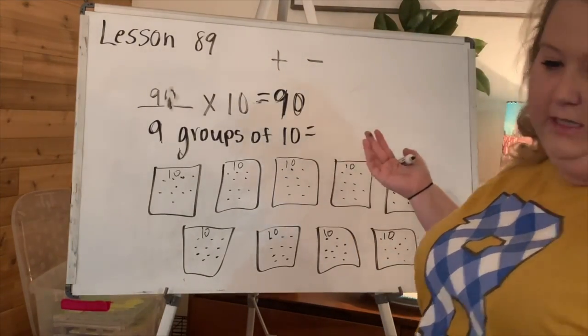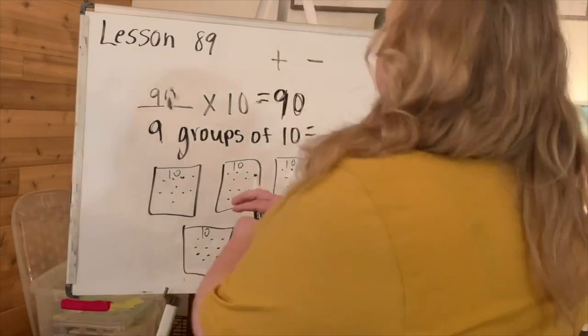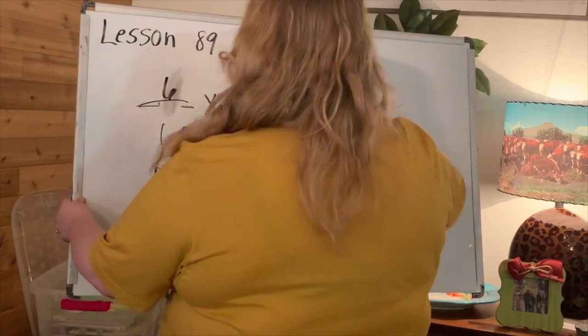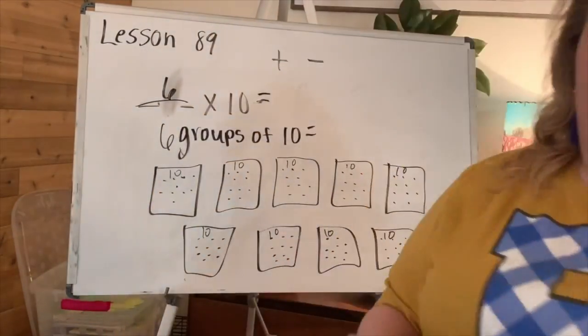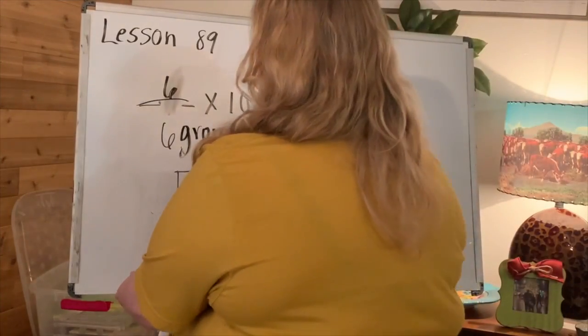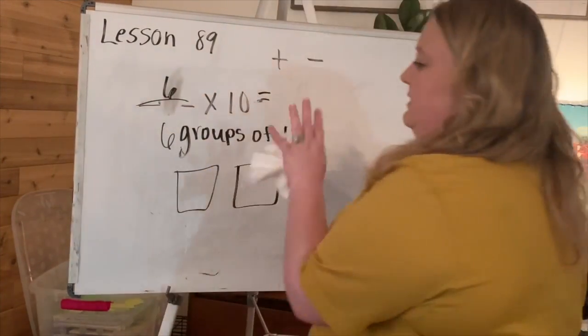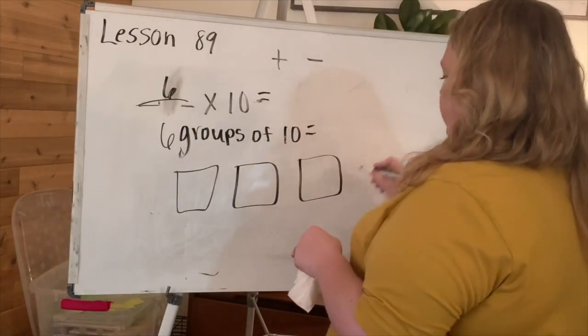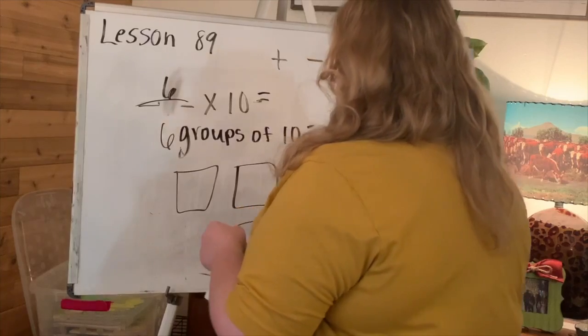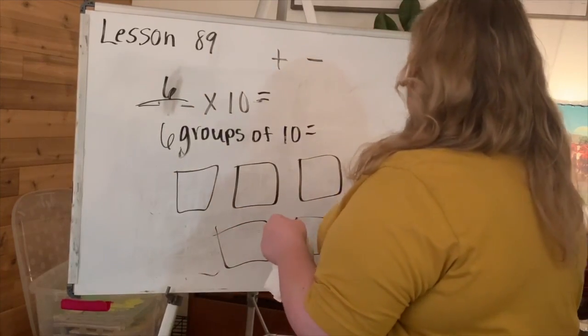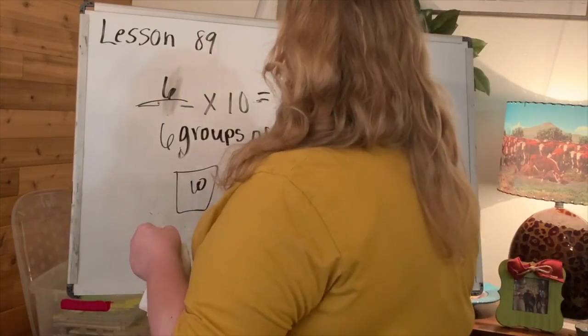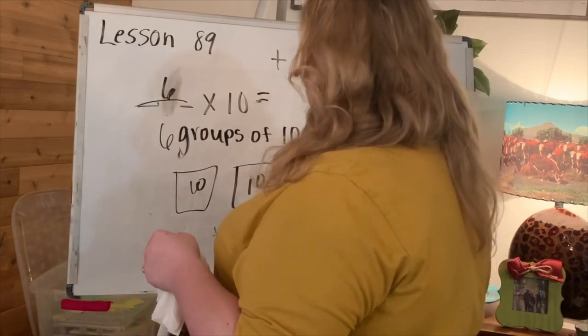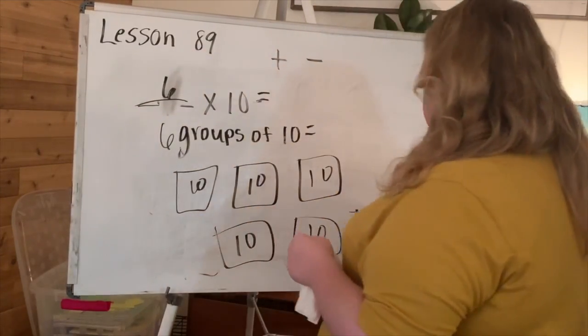So let's try that with another one. 6 groups of 10. Let me do my picture, because if you have a number sentence in your problem, let's try it. 10, 10, 10, 10, 10, 10.